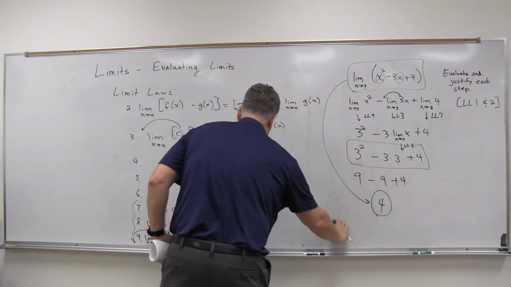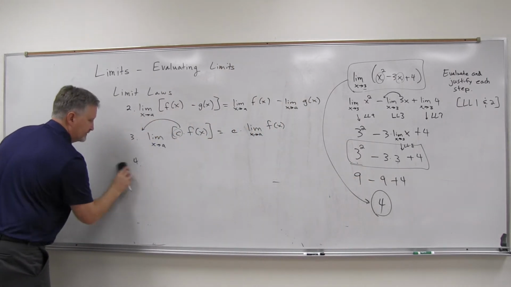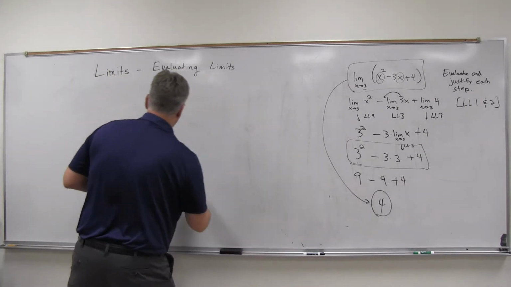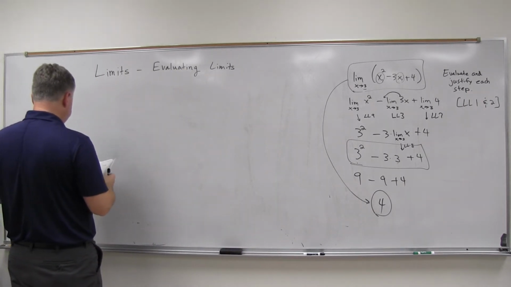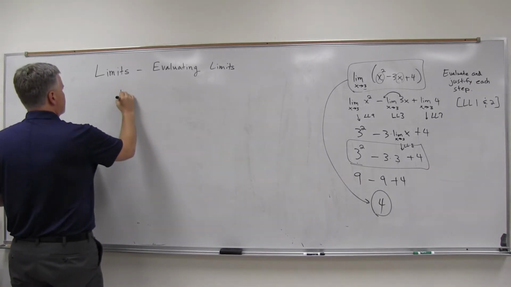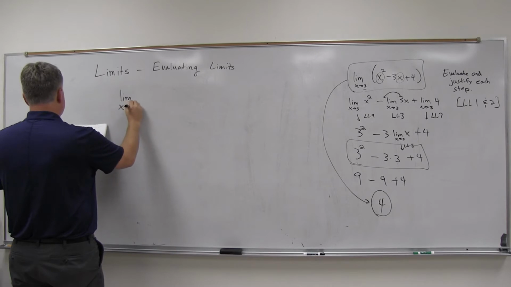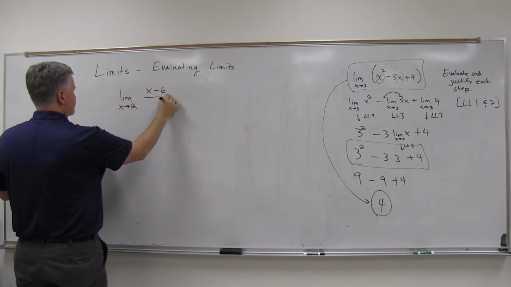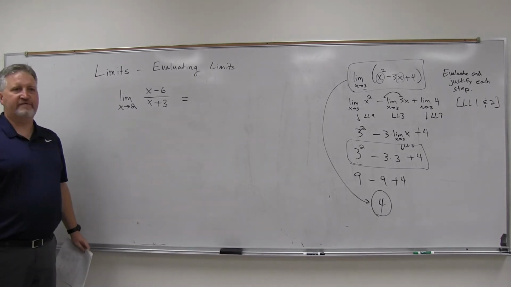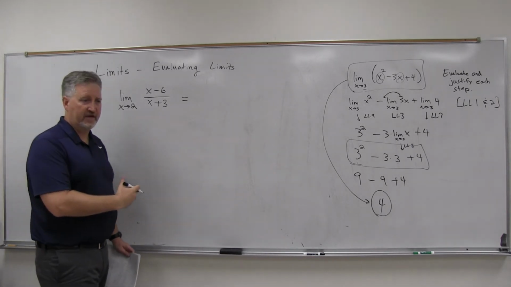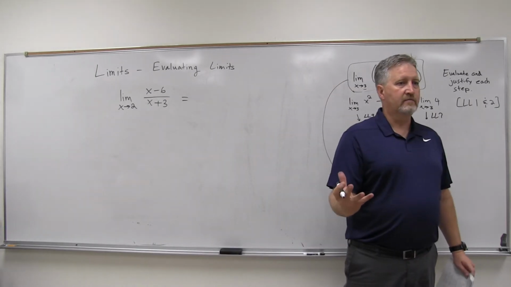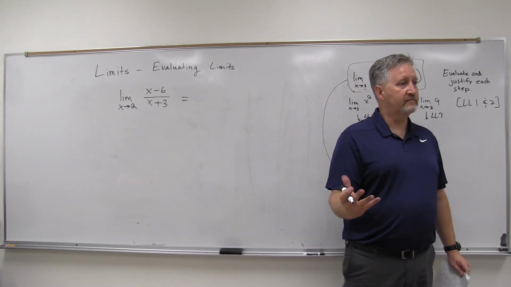So for example, if I have the limit as x approaches 2 of x minus 6 over x plus 3, this is going to be a very easy limit. I don't have to go to a table. I don't have to do anything besides just substitute that in.